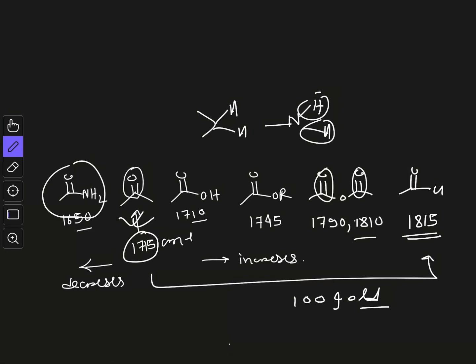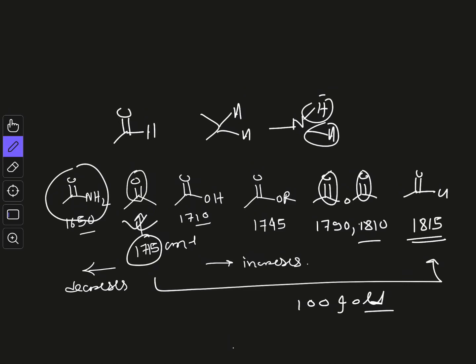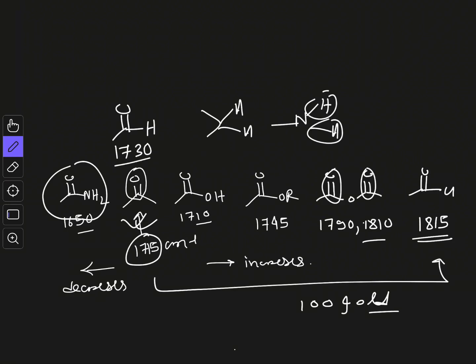Here I should mention another group, that is the aldehyde group, and for aldehyde the value is at around 1730, or 1720 cm⁻¹. So you can see it is more than a ketone.